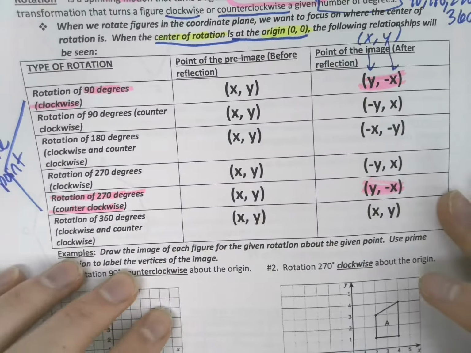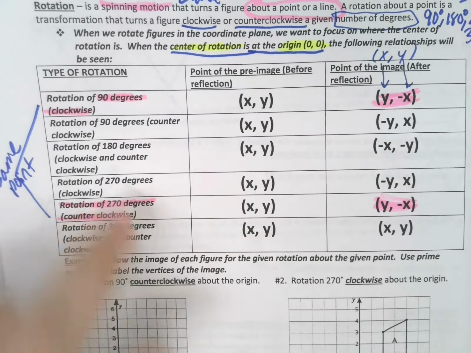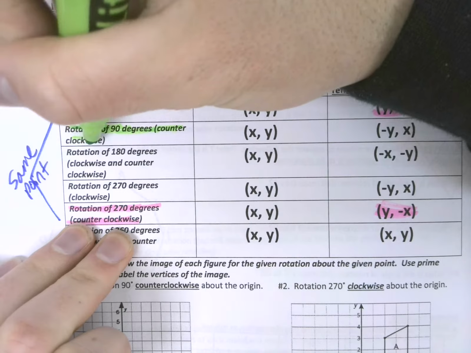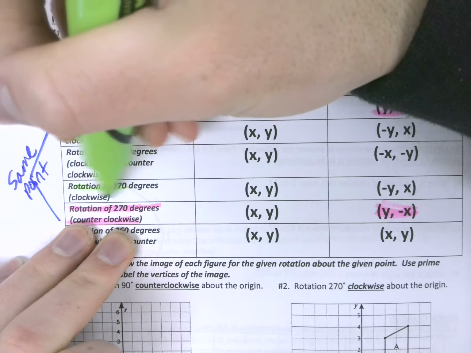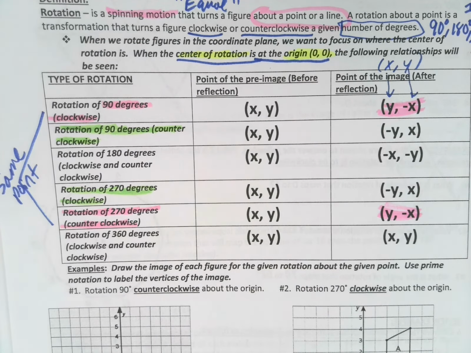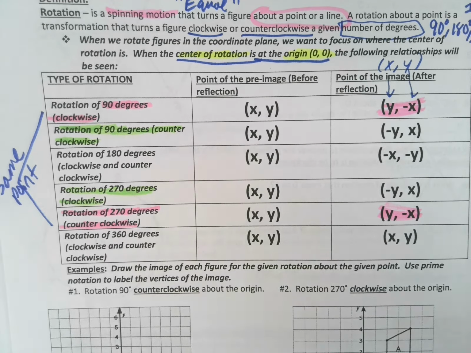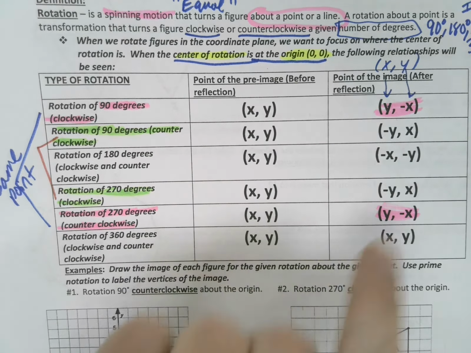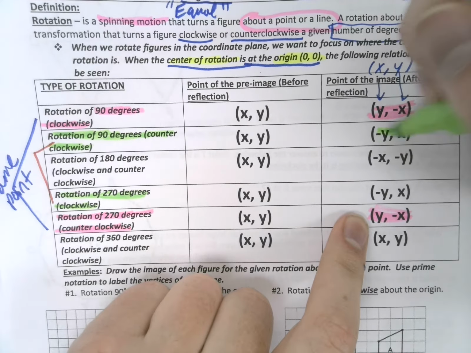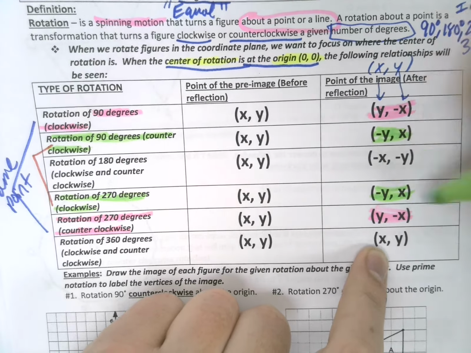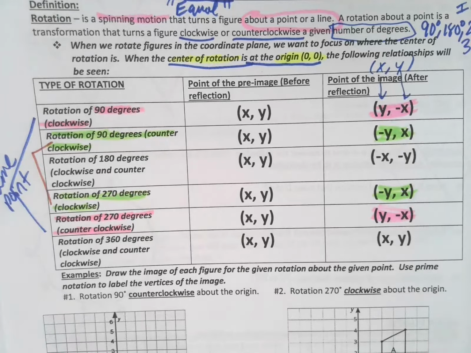And guess what? The same thing happens if you rotate 90 degrees counterclockwise and 270 clockwise. These two are going to be connected. You can see that right here. So that's pretty convenient.